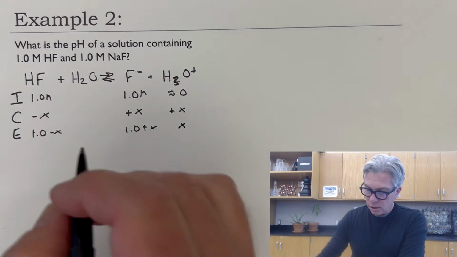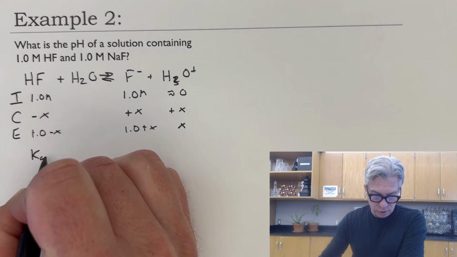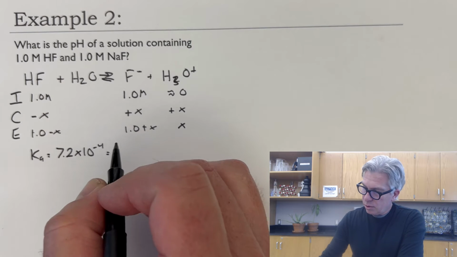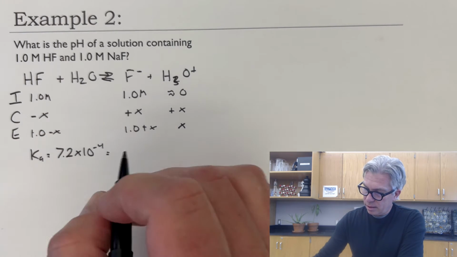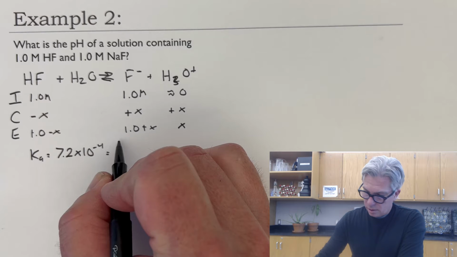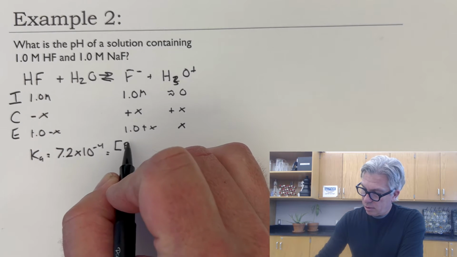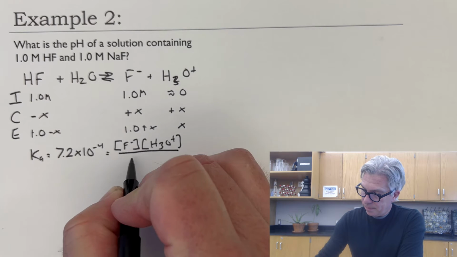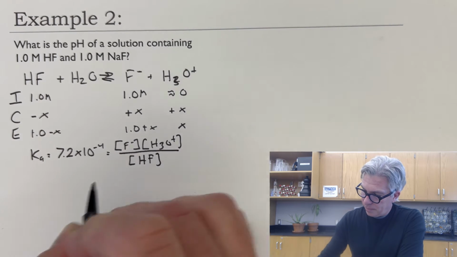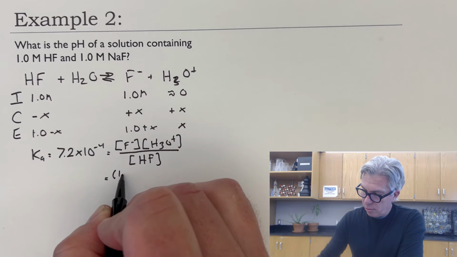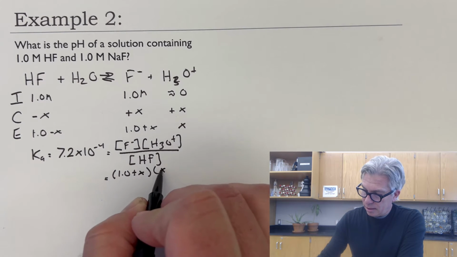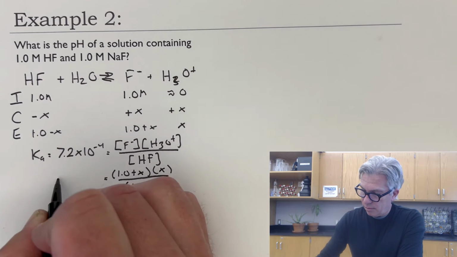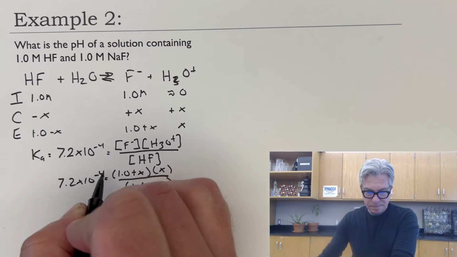Okay. So we're going to set the Ka value, which is 7.2 times 10 to the minus fourth, equal to the products over the reactants. Let's just go ahead and write the equilibrium constant expression, just so we're clear about that. That's going to be equal to (1.0 plus x)(x) over (1.0 minus x), and that's equal to 7.2 times 10 to the minus fourth.